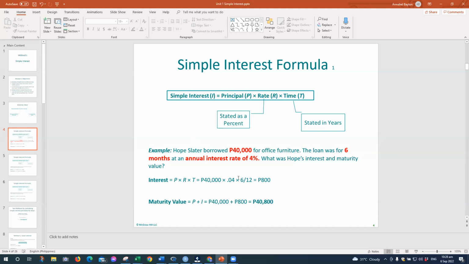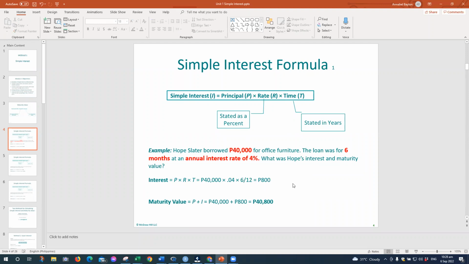Okay, so since we're multiplying it with the yearly rate, then we have to multiply this with a period that's yearly period also. 6 months is actually 0.5 years. So that's why we're multiplying it by the factor 6/12, which converts your months into years.